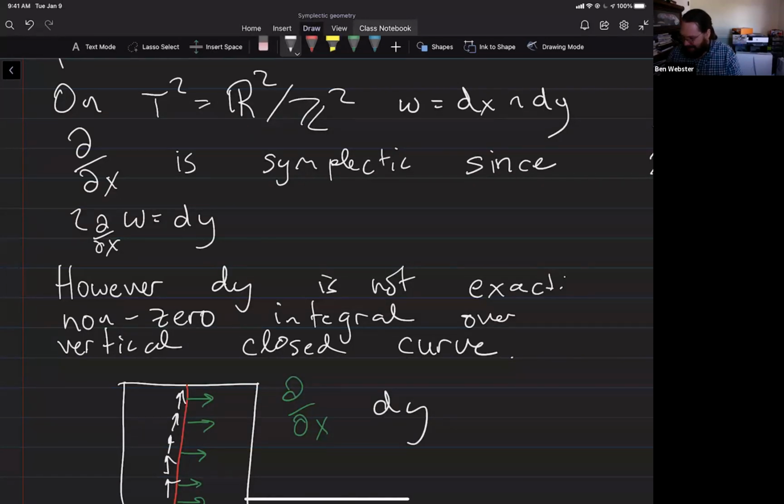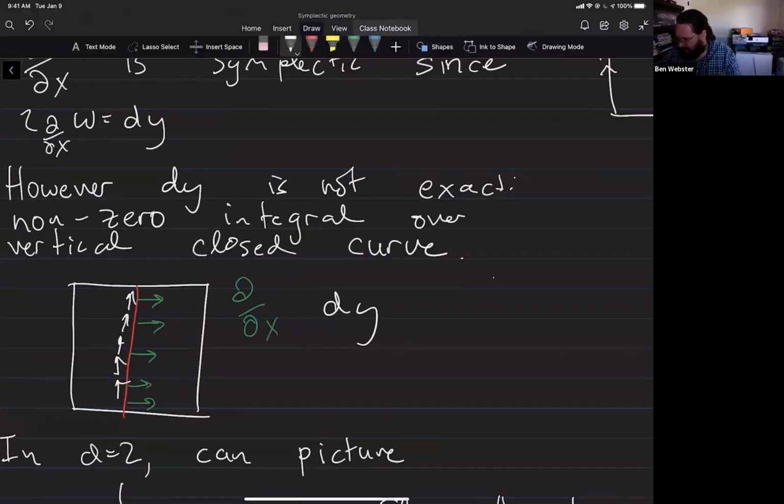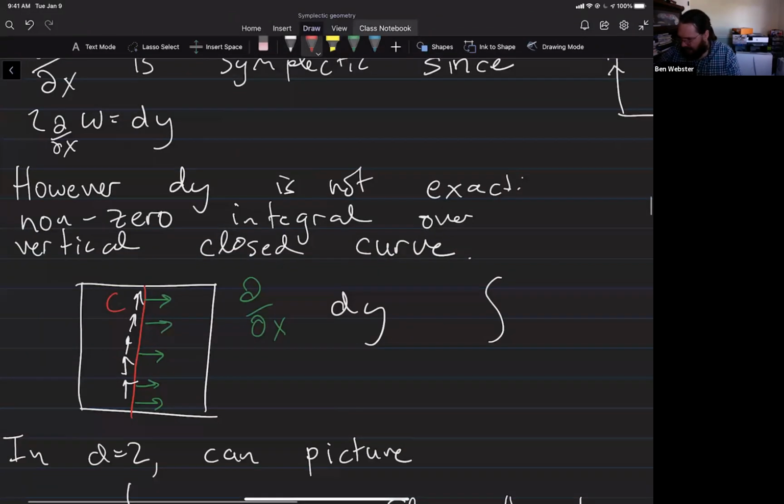If you want to really carefully think about this, you have a closed curve from any vertical line going from the bottom of that unit square to the top. And when you integrate the one form over that closed curve, you get 1. So I call this curve C, then the integral over C of dy is 1. If I have a non-zero integral over a closed curve, it can't be exact.